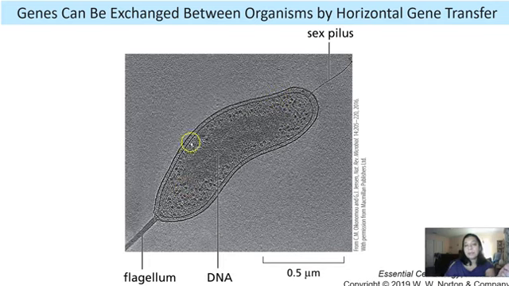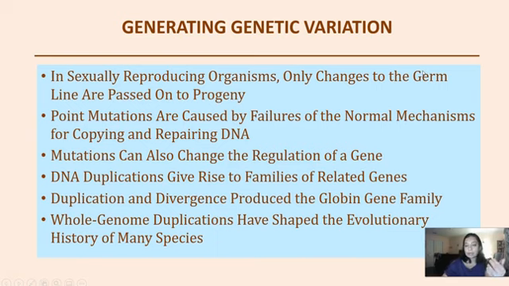These organisms can exchange genes from one to another using this sex pilus. And usually what they will transfer would be either the entire genome or small portions of it to the other organism to convert it from one phenotype to the other. And this process is called horizontal gene transfer. We will learn a lot more about that in the coming lectures as well.